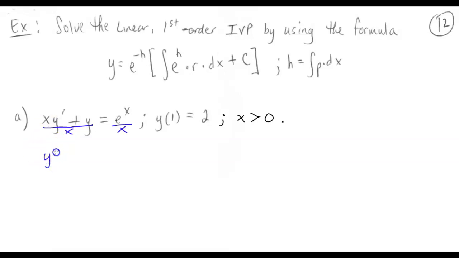And so this means that I have y prime plus 1 over x y equals e to the x divided by x. And since I divided by x here, I know that x cannot be 0. I've stated here that x is greater than 0. So because of that, I don't have to worry about it.